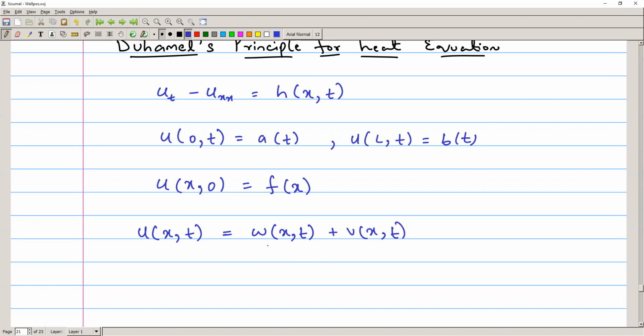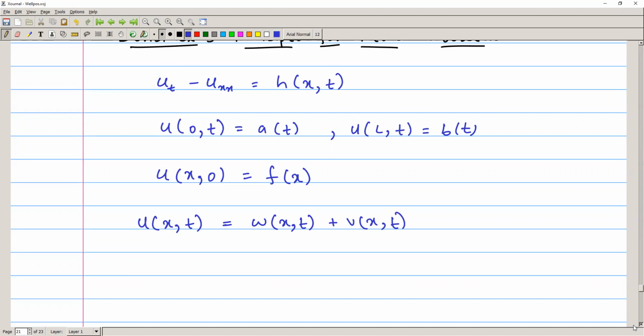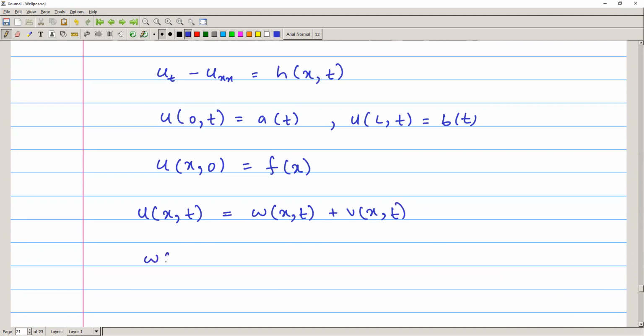All right, so this w(x,t) we can find by the formula: (b(t) minus a(t)) divided by L times x, plus a(t).